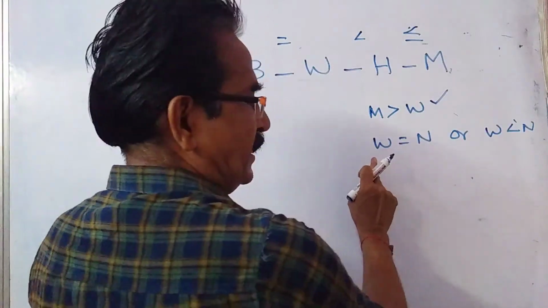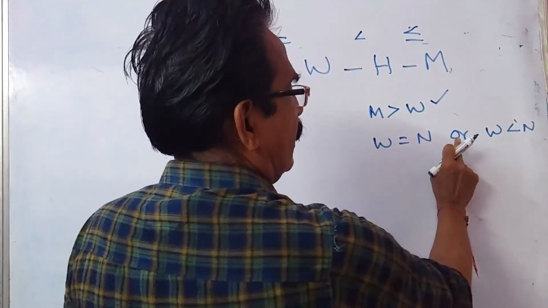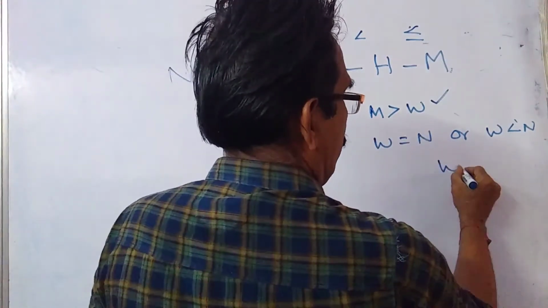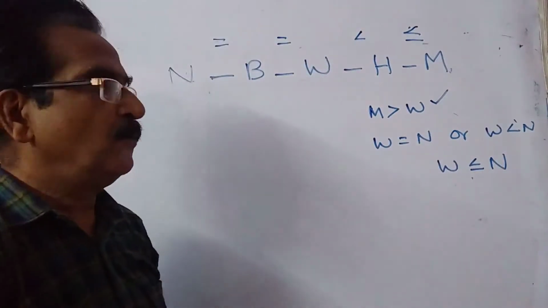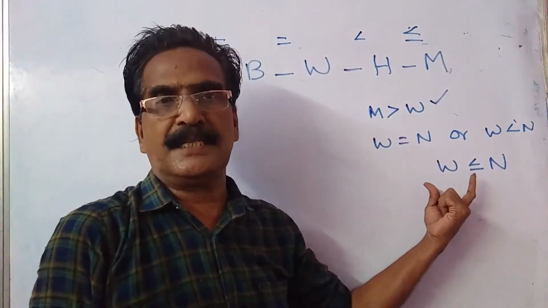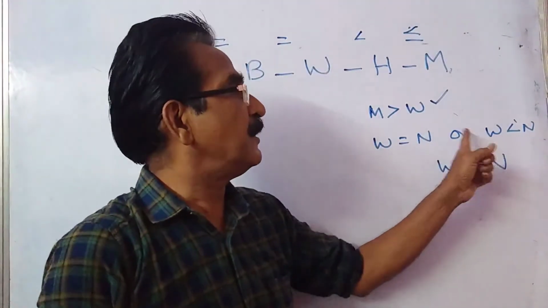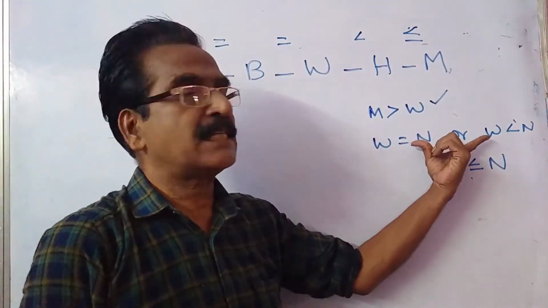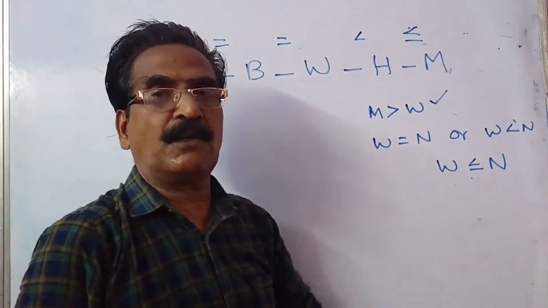We have to get W is equal to N or W less than N. That is, we have to get W less than or equal to N. Then only we can write W is equal to N or W less than N. So to write this conclusion, we have to get W less than or equal to N.